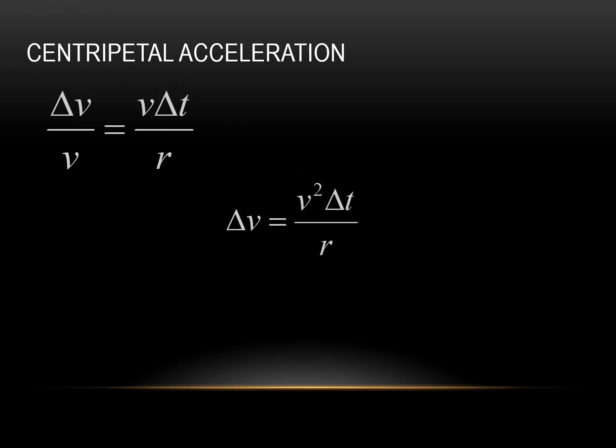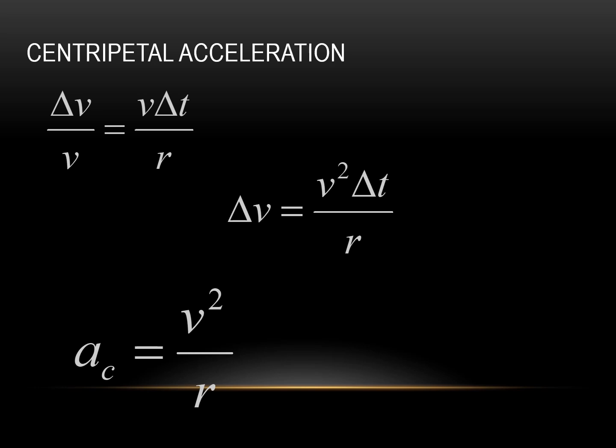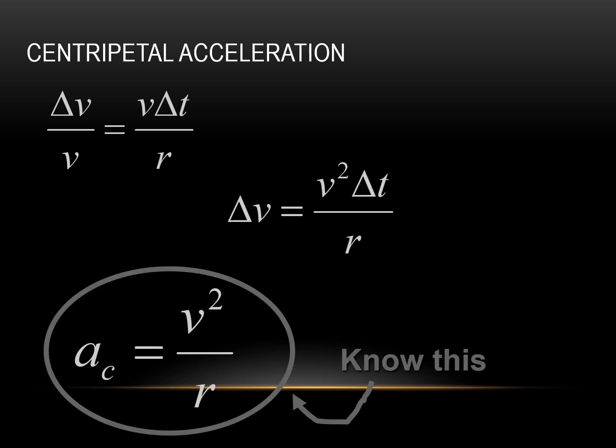So delta v equal to v squared times delta t divided by r, and then delta v divided by delta t equal to v²/r, which is a_c = v²/r.